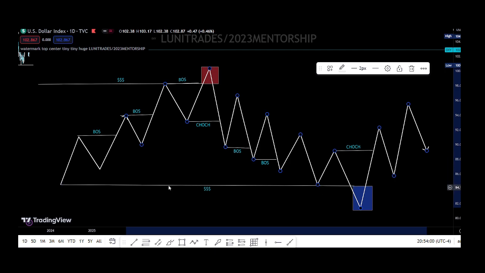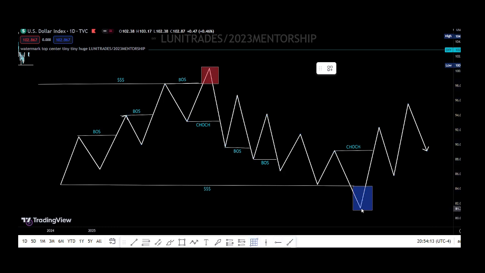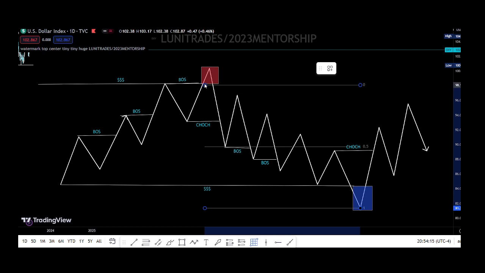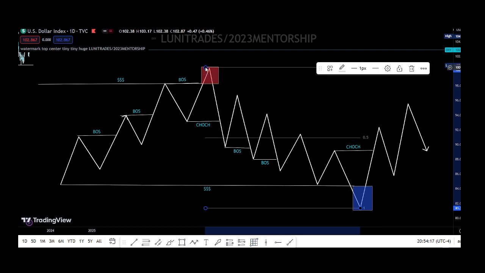Then comes the formation of equal lows with this. And what I told you, equal lows have liquidity. So when price took the liquidity here, which is where you want to be buying, where I talked about, let's say we're taking from this low to this high, right? So I said the 50, your equilibrium, to this bottom is your discount where you want to be buying.